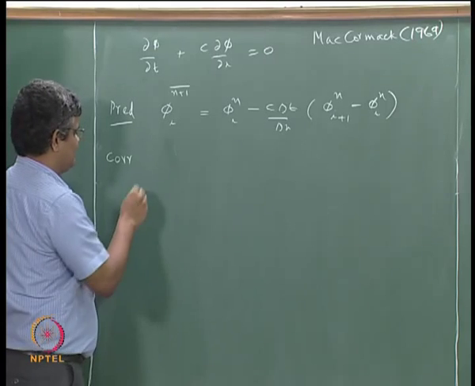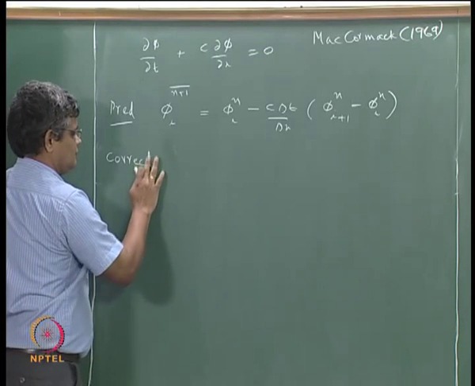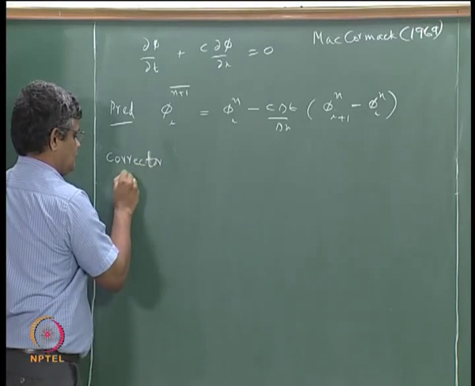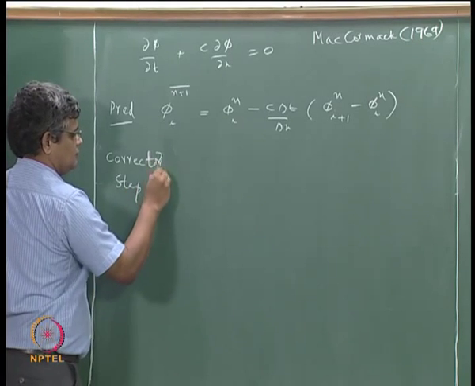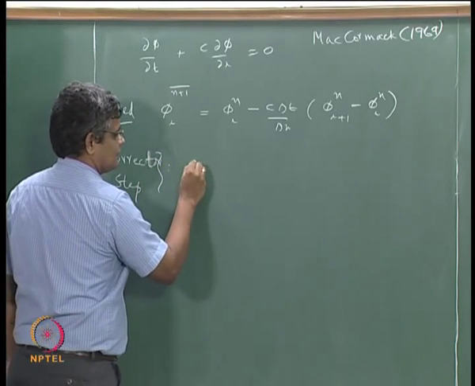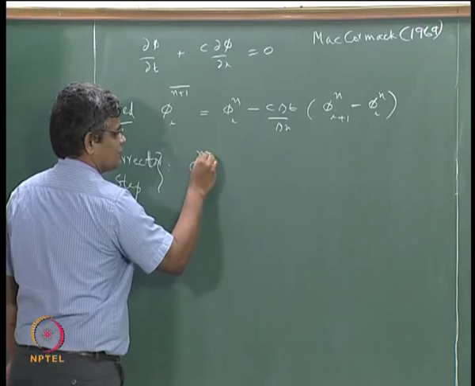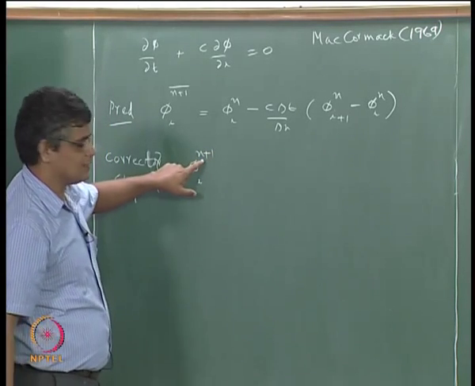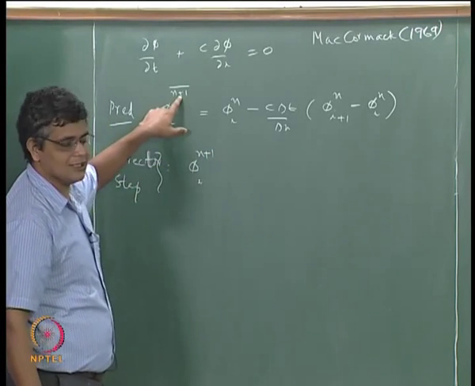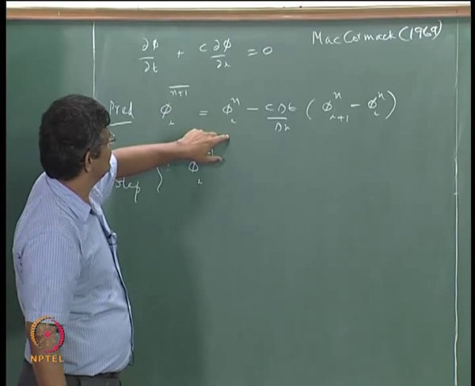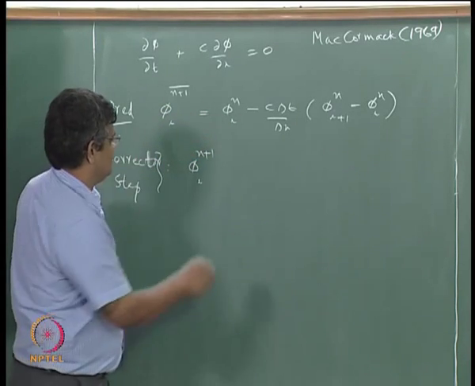The corrector step evaluates phi i n plus 1. Now we actually get the value of phi n plus 1; the predicted value is only an intermediate value, and we take this one to be the average of the two.